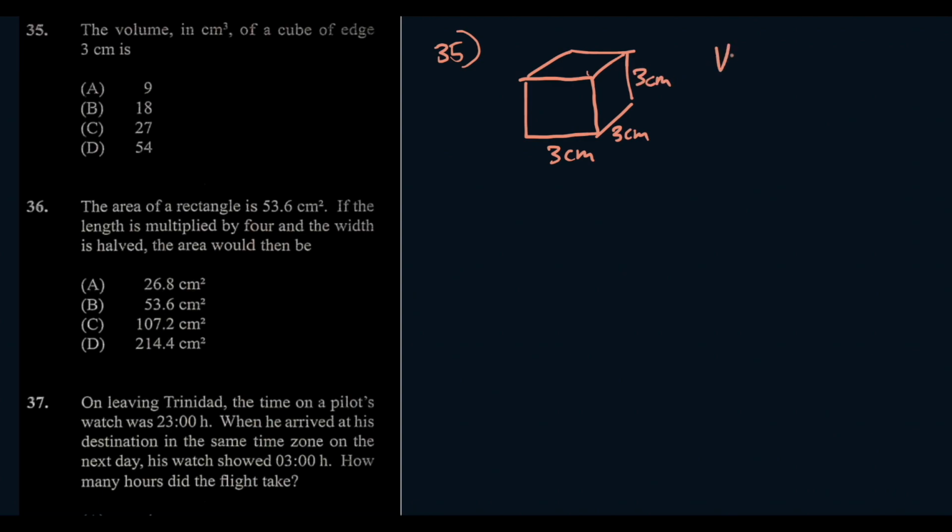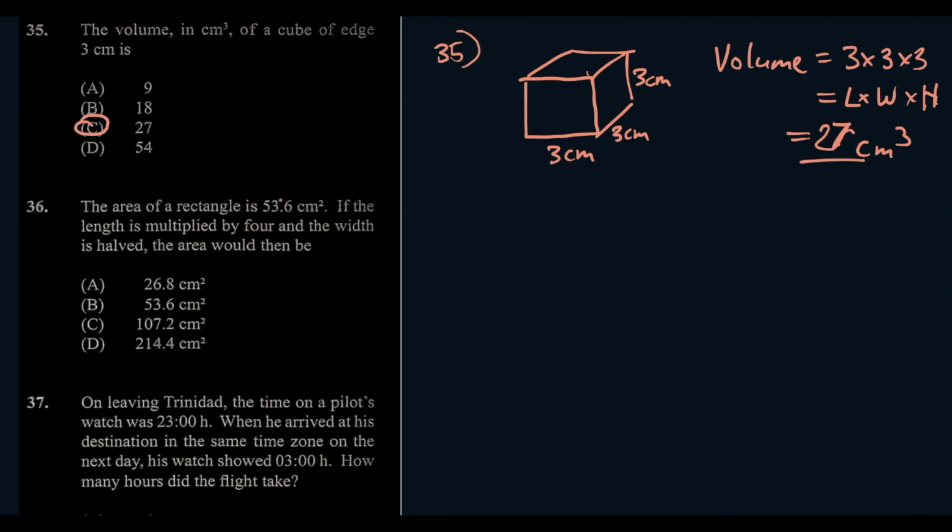So the volume of a cube would be equal to 3 times 3 times 3. How do I know that? The volume of a cube is length times width times height. So 3 times 3 is 9. 9 times 3 is 27. So our answer would be 27 centimeters cubed, which is this right here.